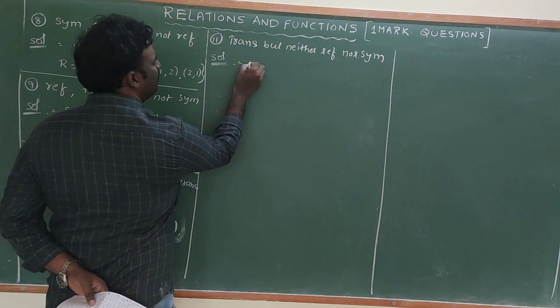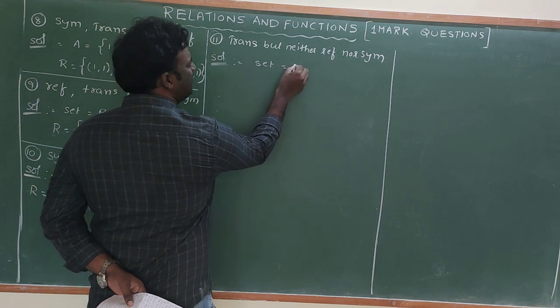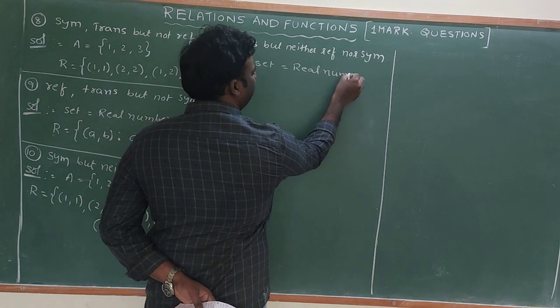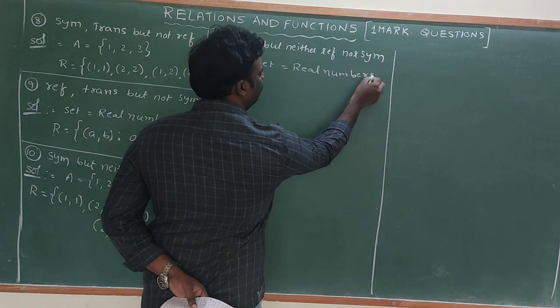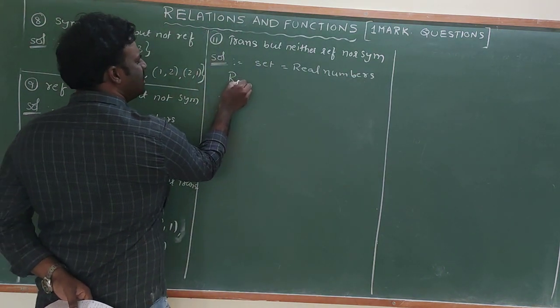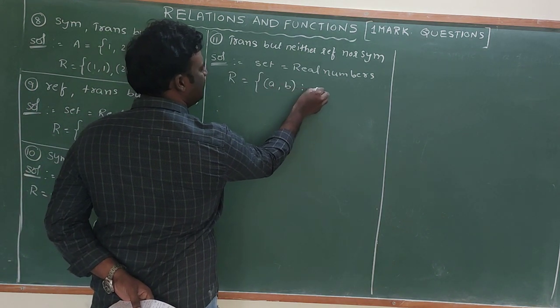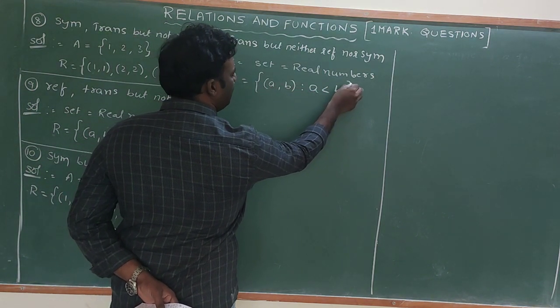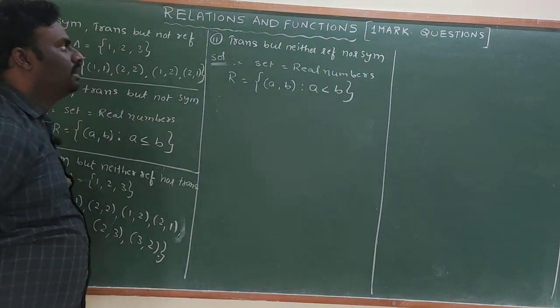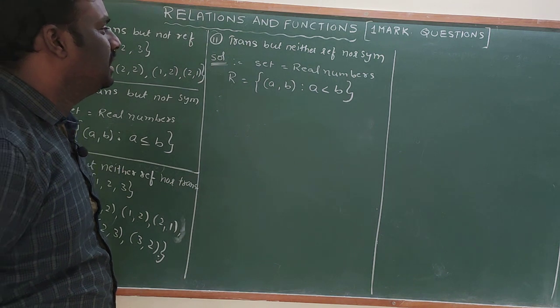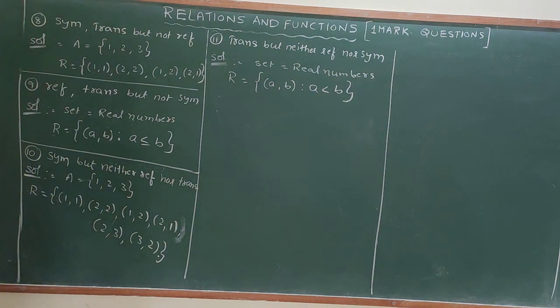Okay, so I am taking the set as the real numbers, and the relation is (A, B) such that A is less than B. This is a relation which is transitive but neither reflexive nor symmetric.